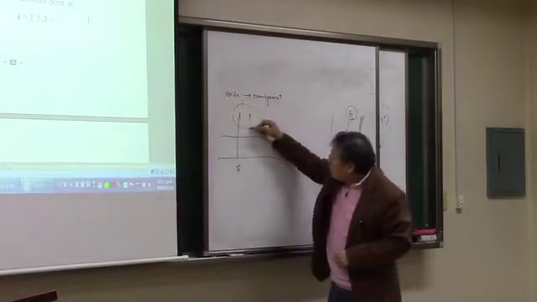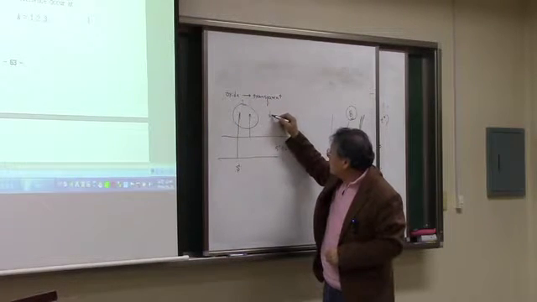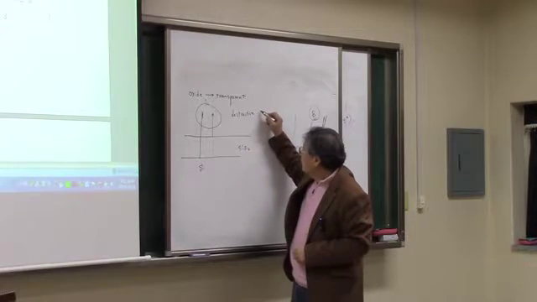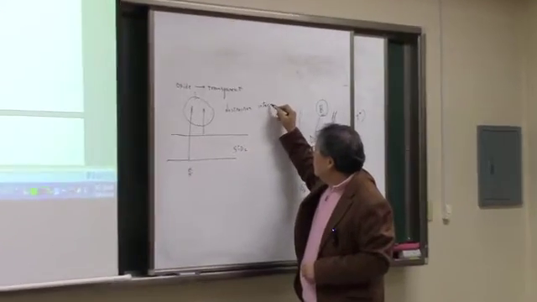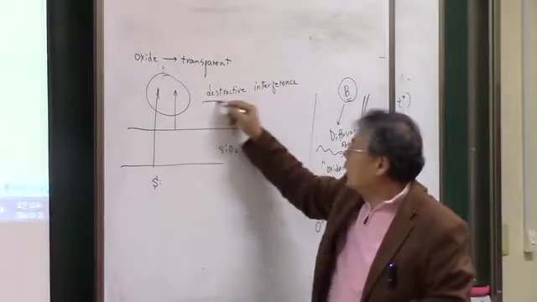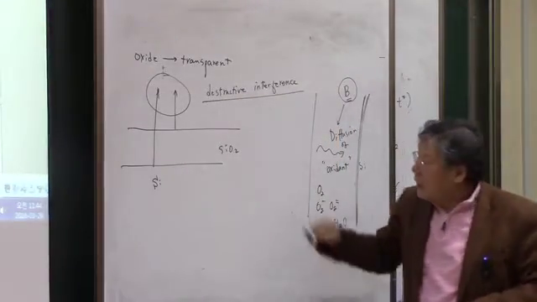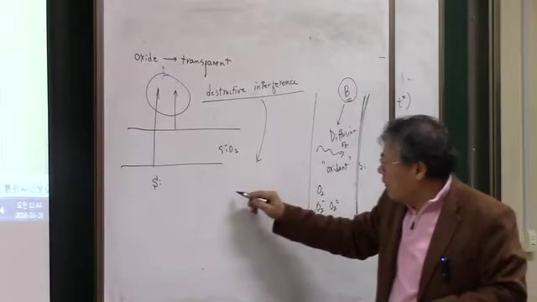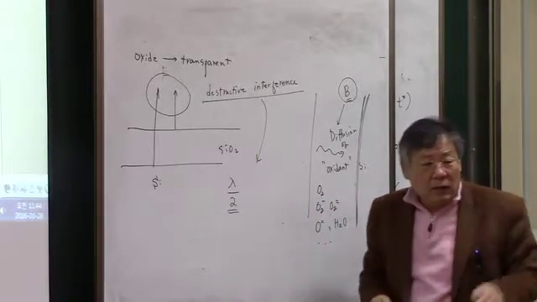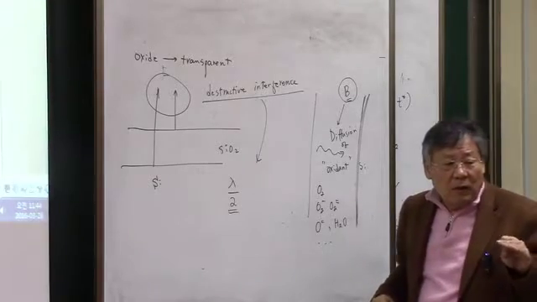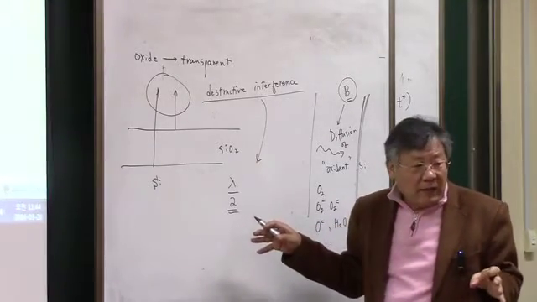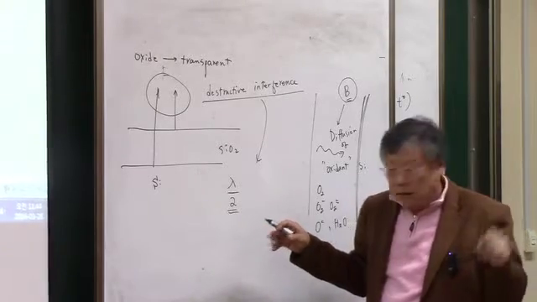So the destructive interference will show you the color, and the destructive interference happens at the odd multiple of the half wavelength, right?